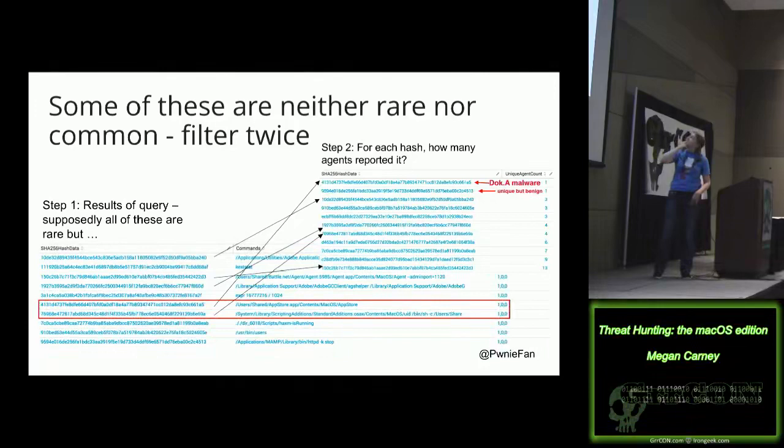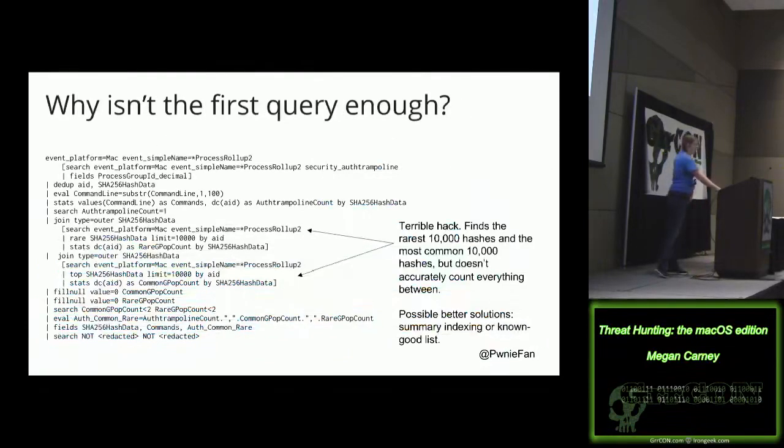And the reason for this is I have used a terrible hack. I had to do this because of the platform I was on, because I didn't have summary indexing available to me. But in this Splunk instance, what I could do is find the rarest 10,000 hashes and the most common 10,000 hashes, but that left this big chunk in the middle that wasn't categorized at all.